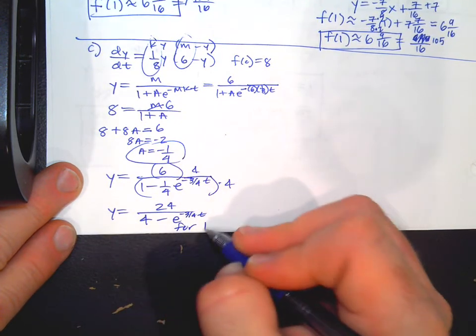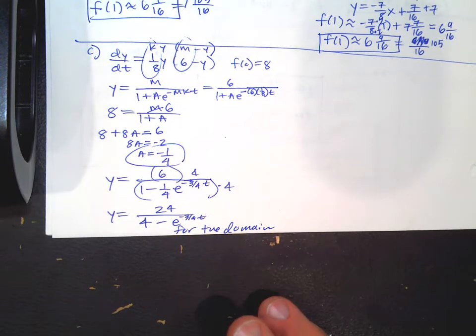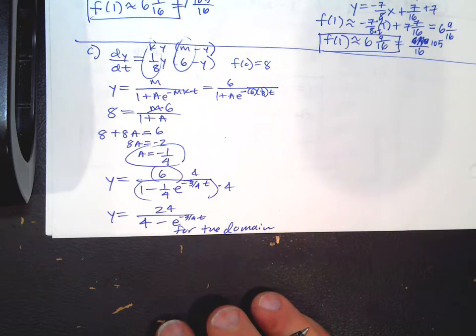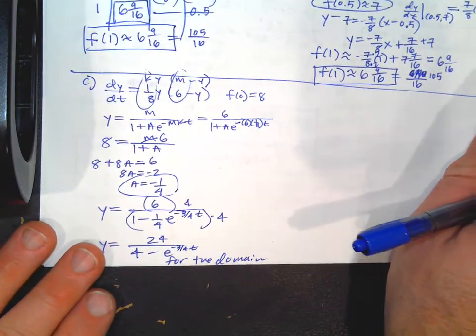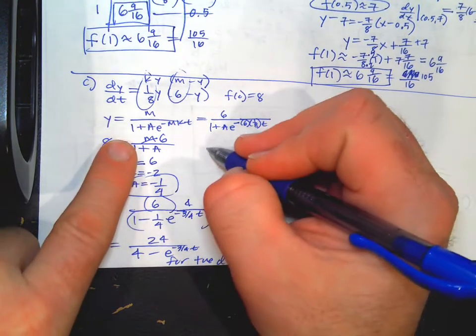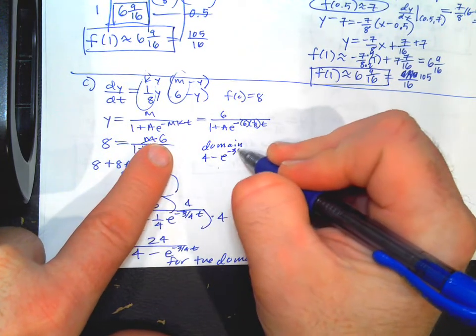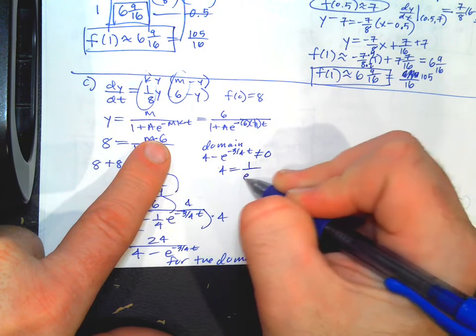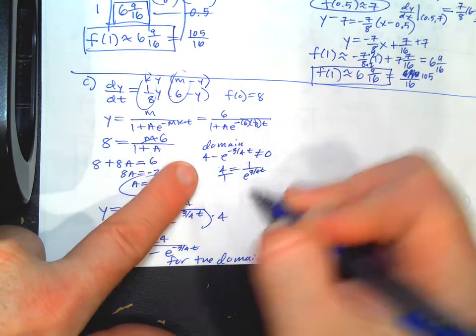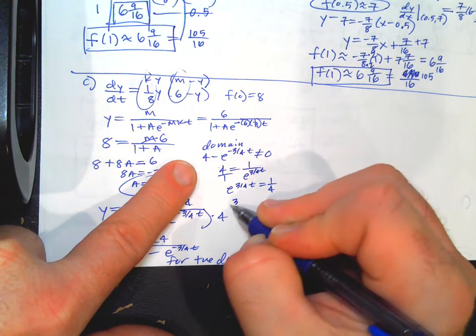For the domain, this is a solution of the differential equation, right? This one has issues because, by the way, this solution is this one up here. So it's not normal. For the domain, no issues there, but 4 minus e to the negative 3/4 t cannot equal 0. And it looks like it could. Take the natural log of both sides.